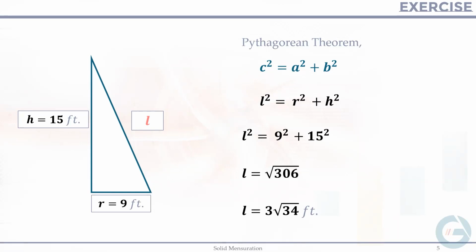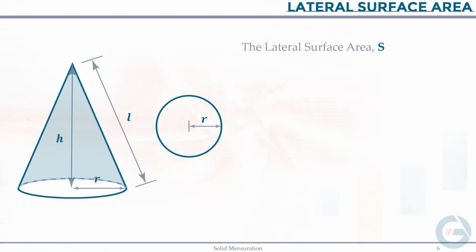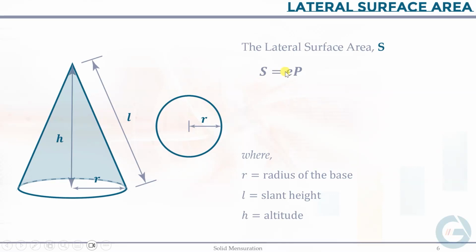Next is to calculate the lateral surface area. So refer to this sample cone. Of course, r is the radius of the base, l is the slant height, and h is the altitude. So we have this general equation for finding the lateral surface area of a solid. In this case, your e is your slant height now, and your p, of course, is the perimeter.